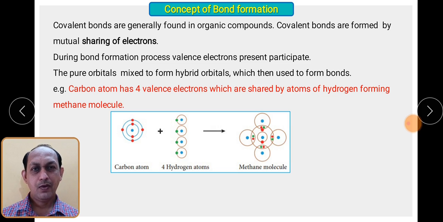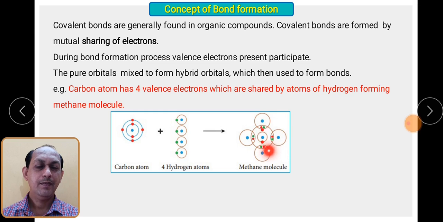So carbon can form 4 bonds with other atoms that also like to be involved in bonding. These 4 electrons form bonds with the electrons from 4 hydrogens, and as a result CH4, that is the methane molecule, is formed.